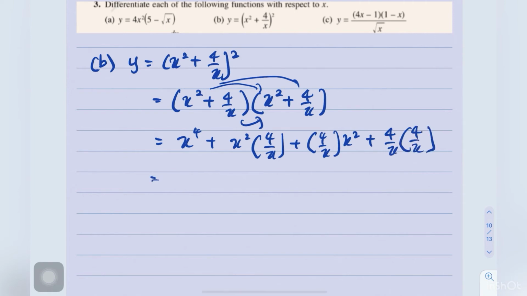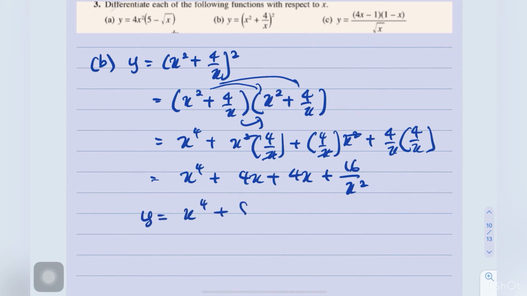So I have x^4 plus 4x plus 4x plus 16 over x squared. Simplify: y equals x^4 plus 8x plus 16x^(-2).